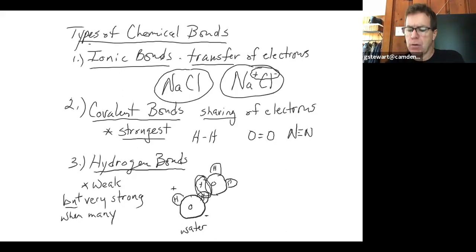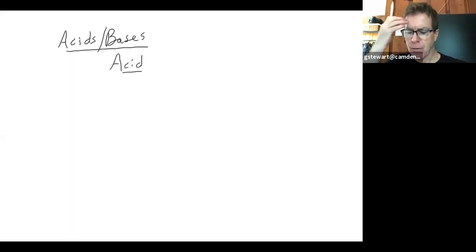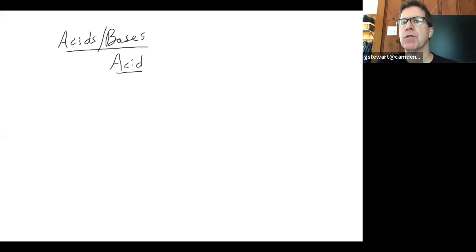Now I'm going to quickly talk about what you need to focus on from chapter 2: acids and bases. The definition of an acid is basically a substance that releases hydrogen ions, which are also called protons.